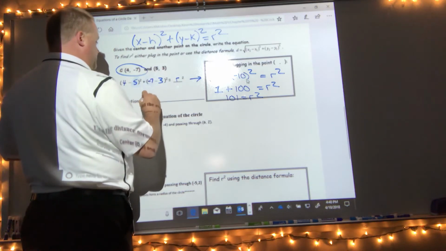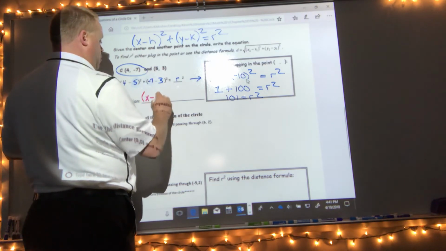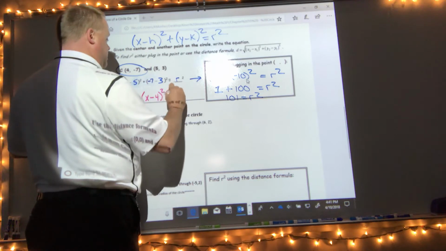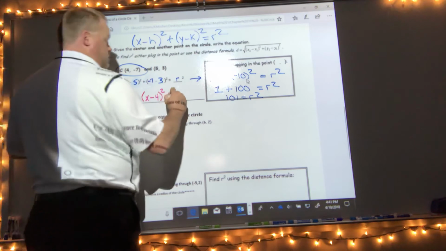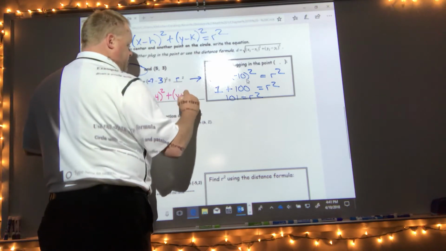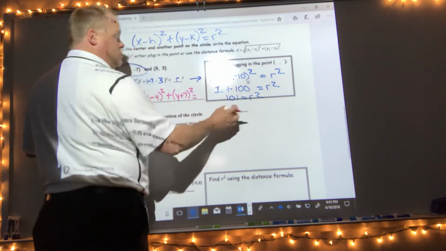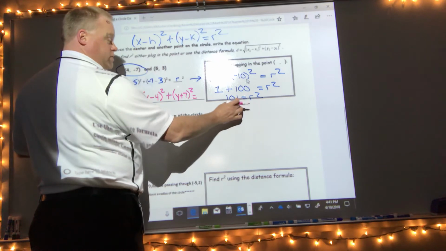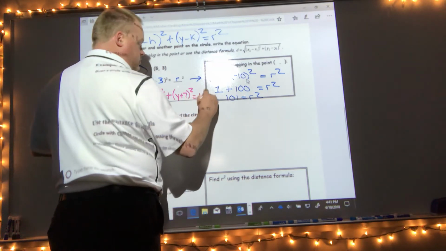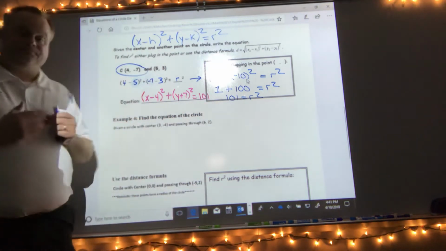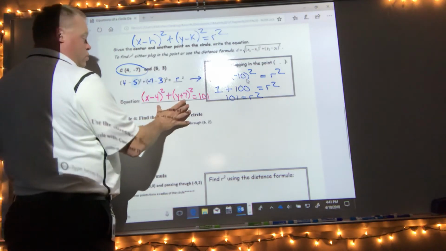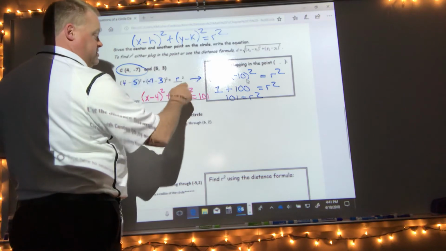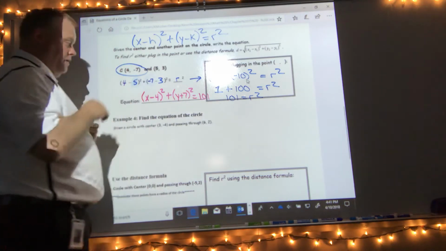So in here, x minus 4 squared plus y minus a -7. So this becomes y plus 7 squared equals r squared, which is 101. So my equation becomes x minus 4 squared plus y plus 7 squared equals 101.